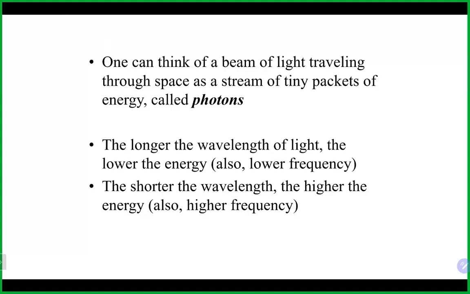So one can think of a beam of light traveling through space as a tiny packet of energy, called photons. This is the idea, for example, when an electron gets promoted up to a higher energy level. Electrons always want to be in a lower state of energy, so as it comes back down, it gives off that energy in the form of a photon of light.